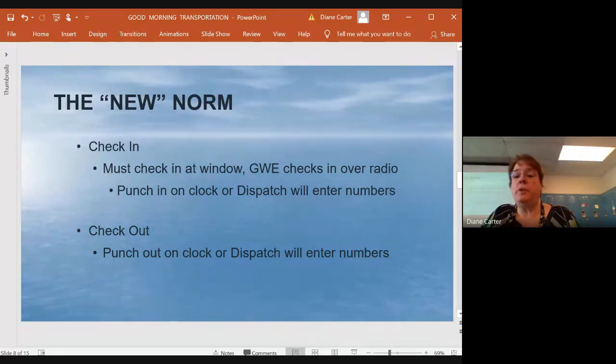Will that machine be sanitized? Yes, everything at Green will be sanitized also. That's part of what they need to do at the end of the day. Are you going to go out to Greenwood to spray? Yep, just answered that one. Everyone should have their own writing utensils. Yes, make sure you've got your tools with you. One of them is a pen or a pencil to do your checkout book or anything else that you need.